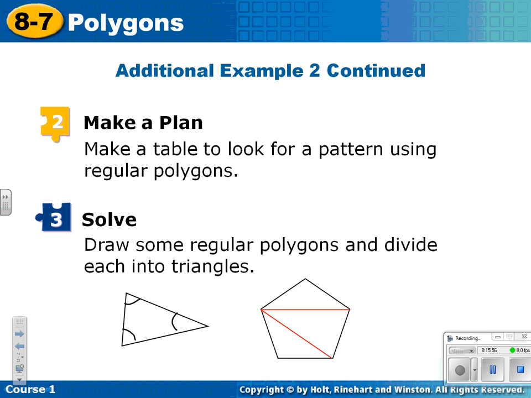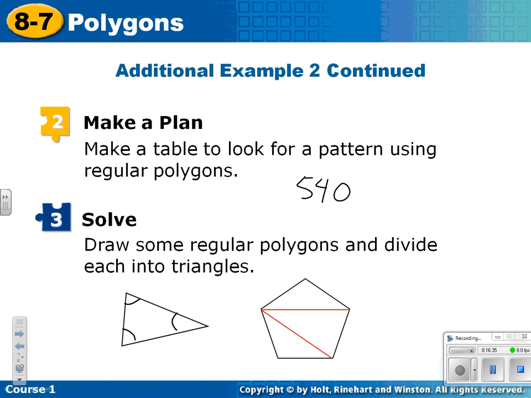540 degrees. Okay, so if we have 540 total, and if this is regular and all of these are the same, it's like I got a big pile of degrees. I have 540 of them. But I have to distribute them evenly, don't I, Jonathan? I have to distribute 540 degrees evenly among 1, 2, 3, 4, 5 sides. I have to think of it as 540 M&Ms. And I have 5 people I need to split it up with.